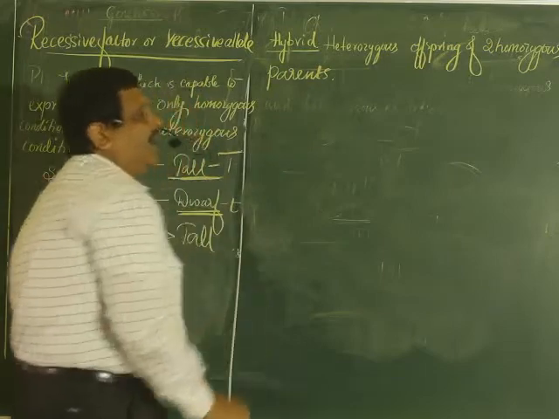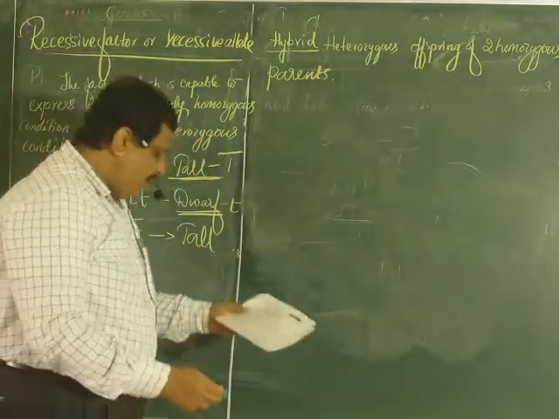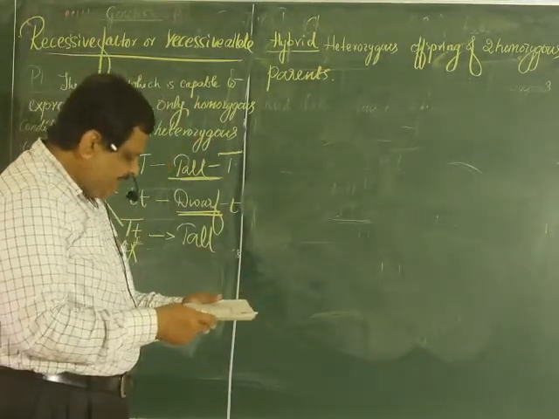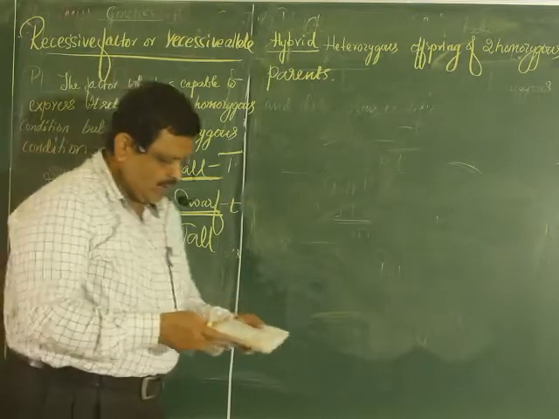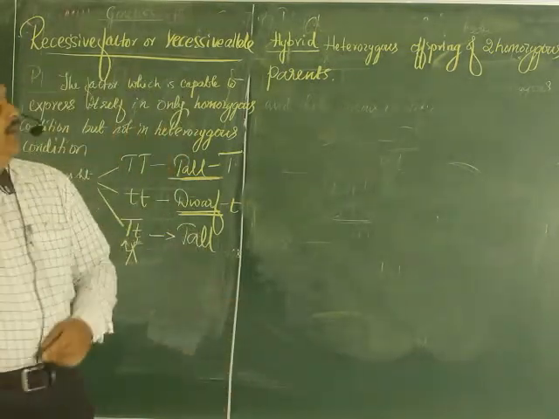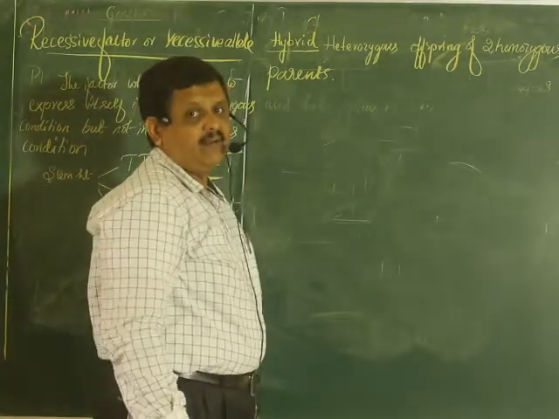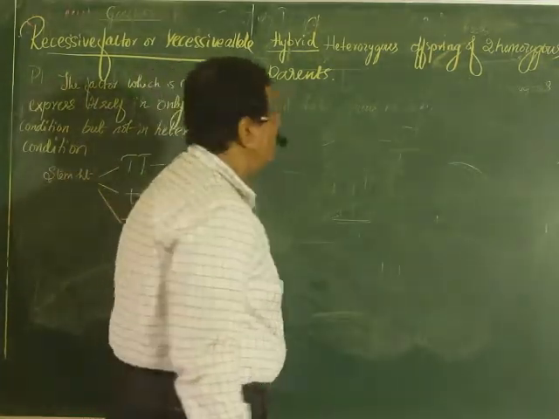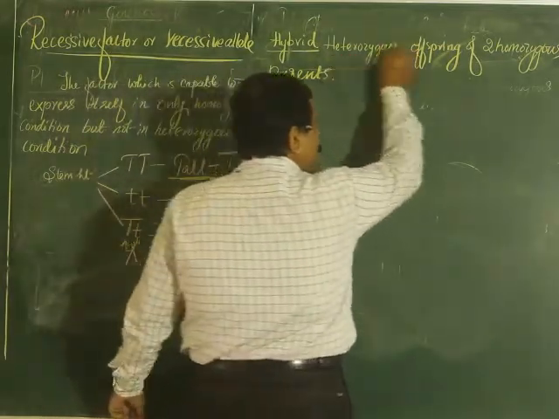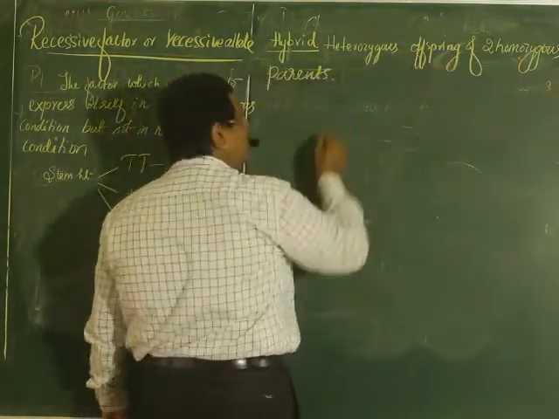What is hybrid? Heterozygous offspring of two homozygous parents. Sir, what is this, sir? It is very difficult. No, it's very easy. I will tell you. Heterozygous offspring of two homozygous parents.